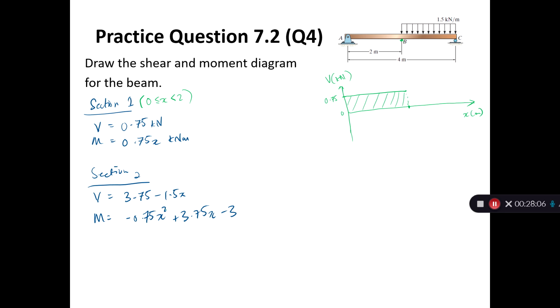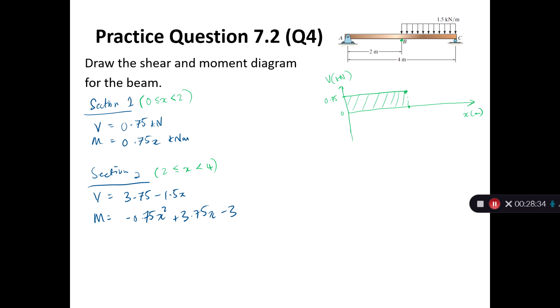Next, here is a linear equation, one unknown. So just try putting 2 inside here because this is between 2 and 4. If you try putting 2, 2 times 1.5 is 3. So 3.75 minus 3, you'll get 0.75. So it checks out.